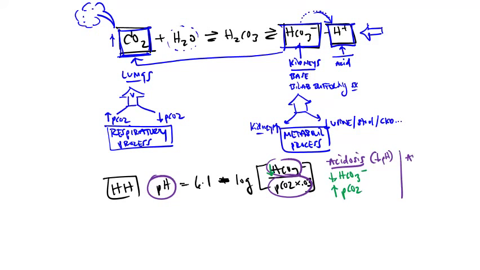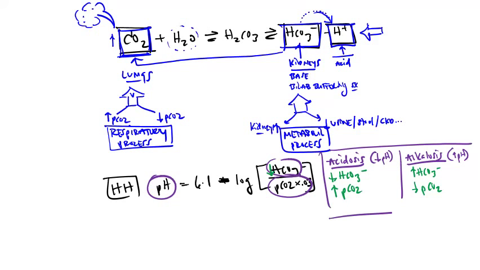And how about an alkalosis? This is where you can have an increase in bicarb or a reduction in PCO2. And what I'm not really mentioning is that you can have combinations of both of these, but this is a really nice basic understanding of the relationship between these three.